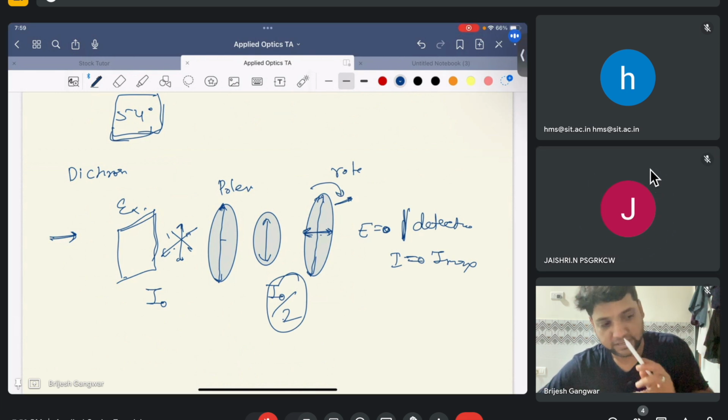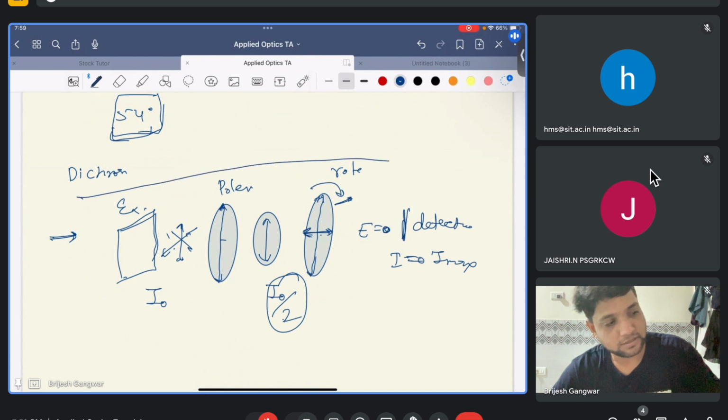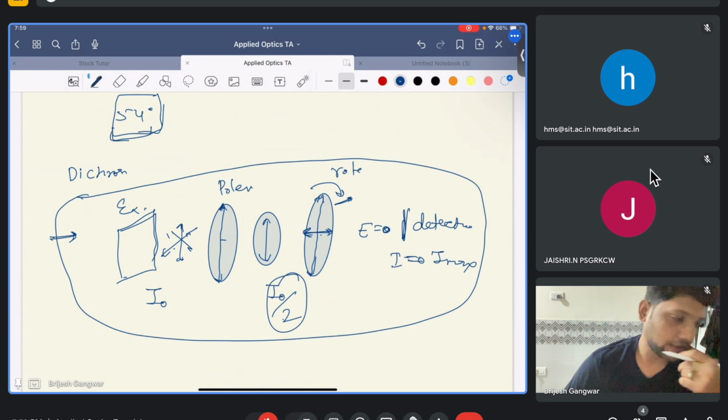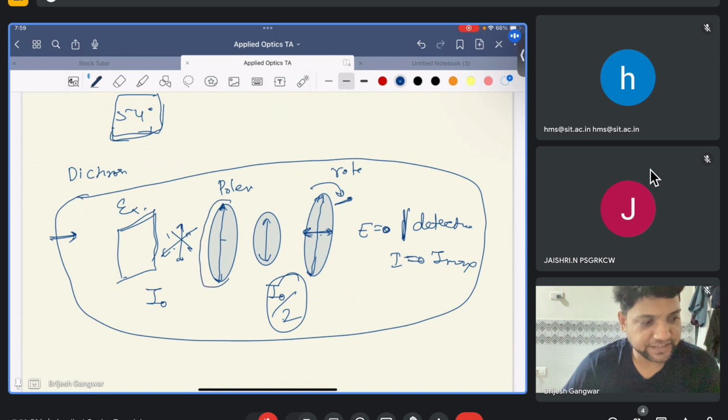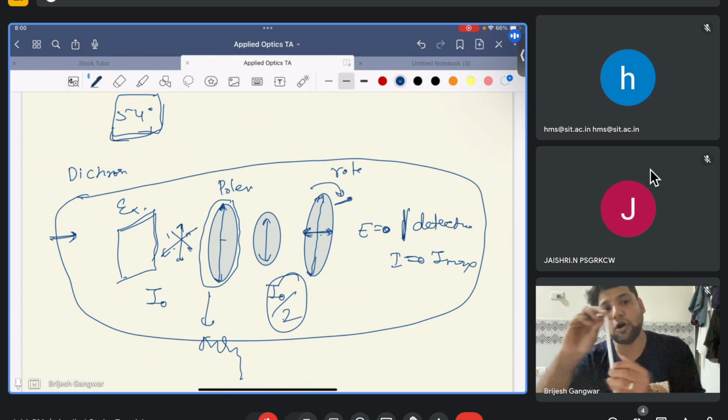So if I give you two polarizers, you can very clearly perform this experiment to see whether light is linearly polarized or not. If there is unpolarized light and you rotate one polarizer, the intensity will not change if there is only one polarizer, because in unpolarized light there are all directions of the vector.